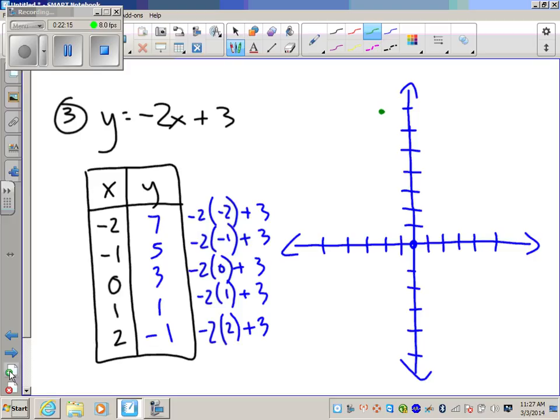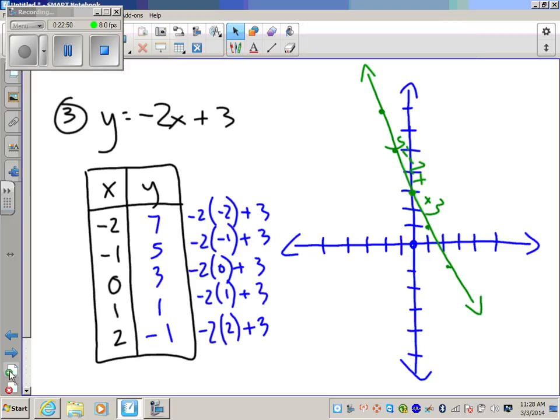A negative 1, 5 puts us here. A 0, 3 puts us there. A 1, 1 is here. And a 2, negative 1 is there. So when you draw your line with your arrows on it, we're going to label it y equals negative 2x plus 3. Okay, so you label that. Now we're going to be set to answer the questions. Give you a second to make sure you get that all labeled.